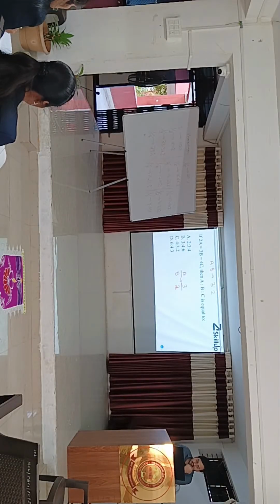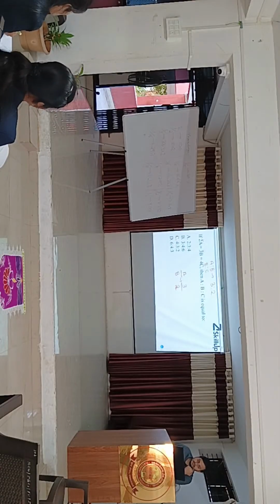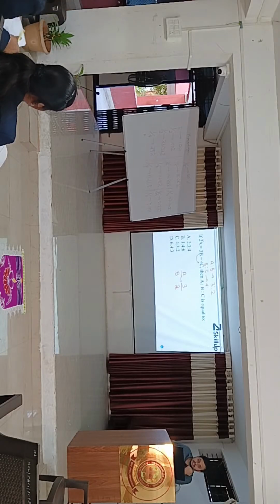Can I say in front of A the value is 3, and in front of B the value is 2? Then B is to C as well. In front of B, what is the value? 4. In front of C, what is the value? 3. So you have the ratios like this: 3 is to 2, 4 is to 3.